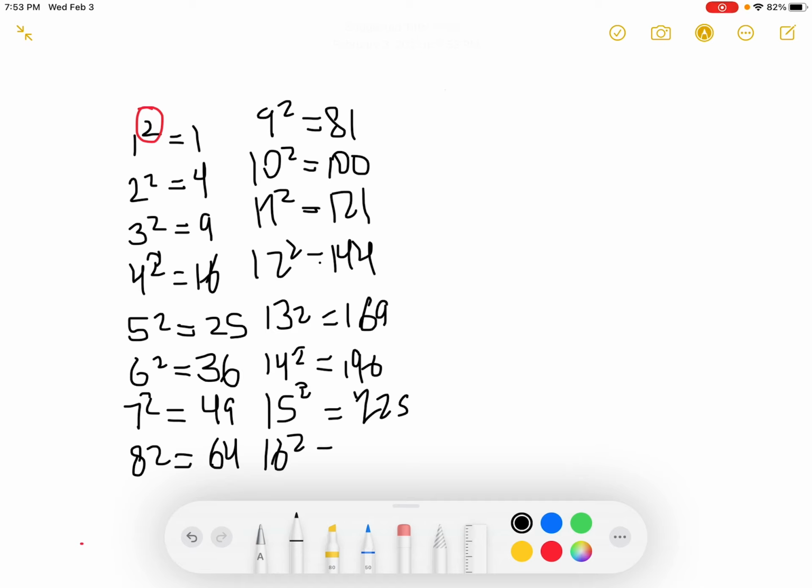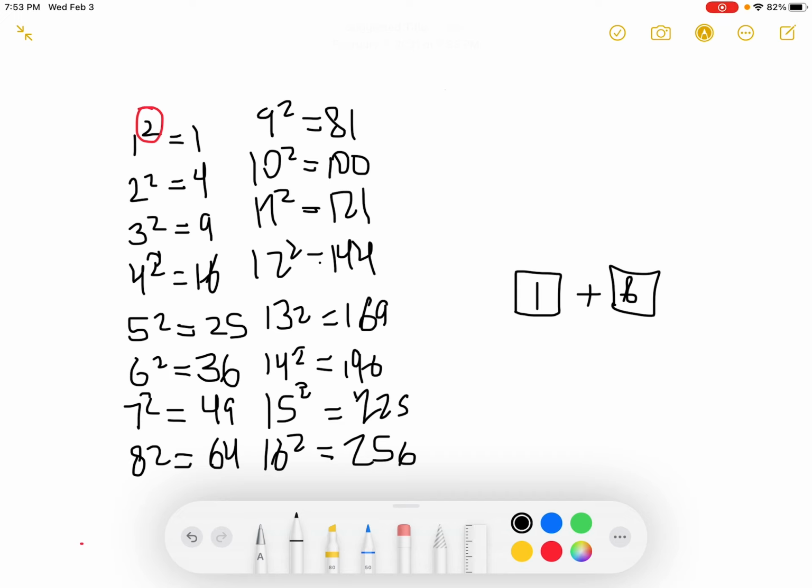And then some of the ones that are higher up sometimes can be harder to remember. So let's just say I forgot 16 squared. Now it's 256. But what I could do on the calculator, you first would just type 1 6.